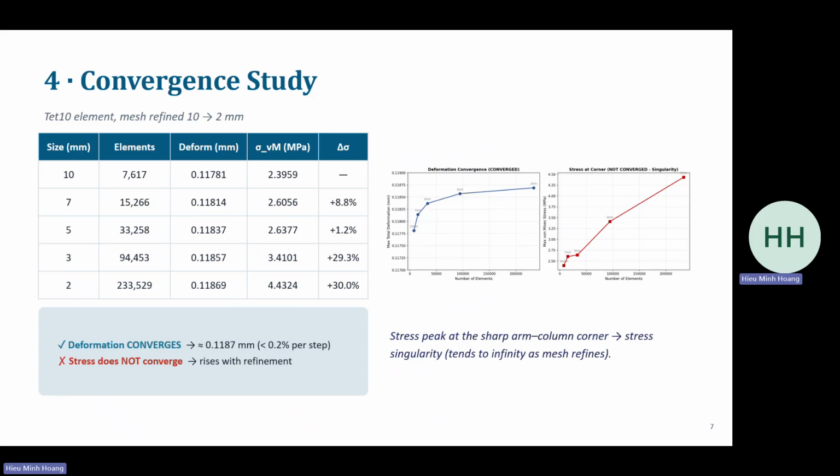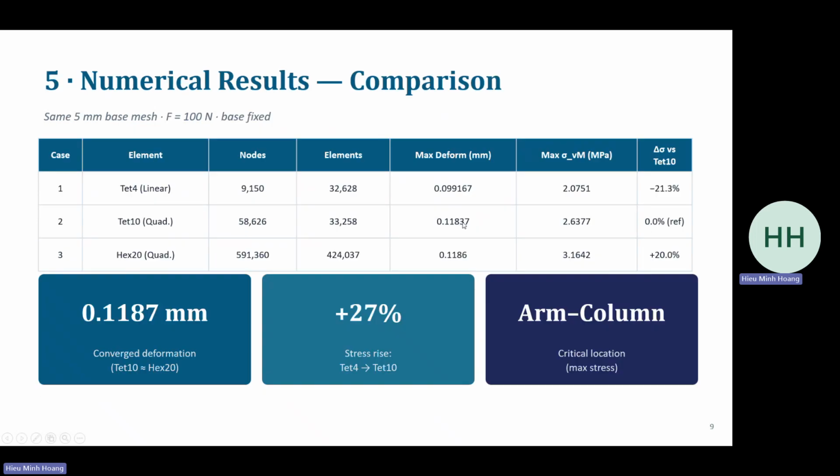So the deformation converges, but the stress is different. It keeps rising as the mesh gets finer, up to 4.4 MPa. The stress doesn't converge. The reason is the stress peak at the arm-column corners. This is the stress singularity.